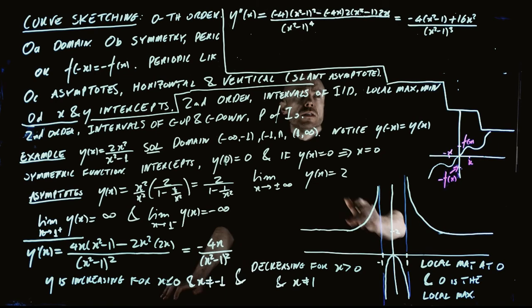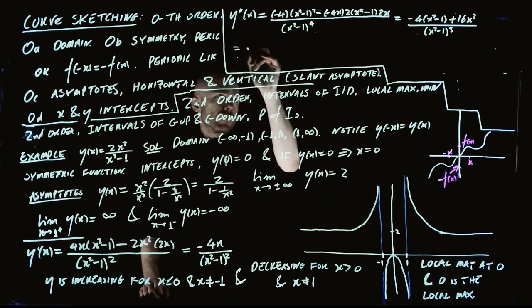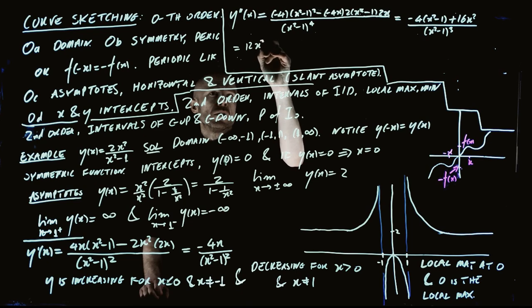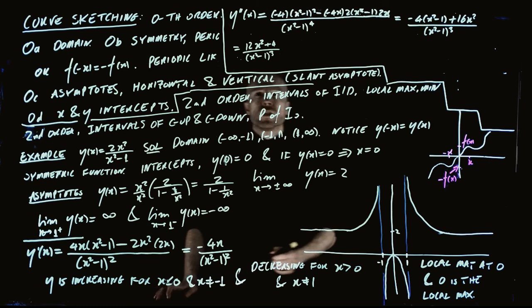And then I see that this thing just becomes 12x squared plus 4. On the bottom we have x squared minus 1 to the power 3. So the top is always positive, right? So that thing is not determining the sign.